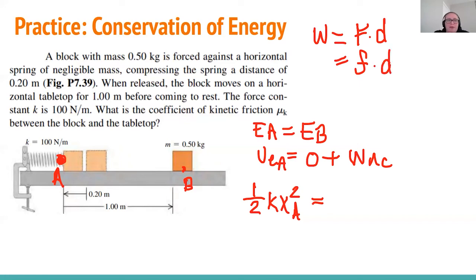What's another way that I can write friction? Mu times normal, yes, definitely. Mu times normal, again, times distance. Can I break this down further, or is that the end of it? How else can I break this down?